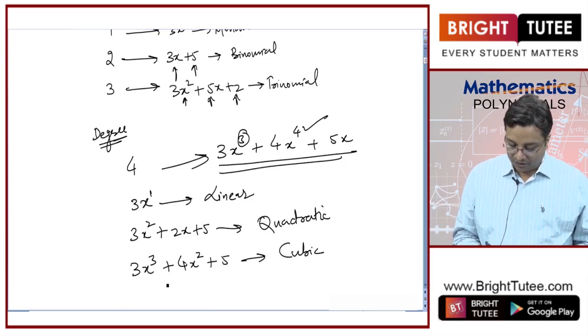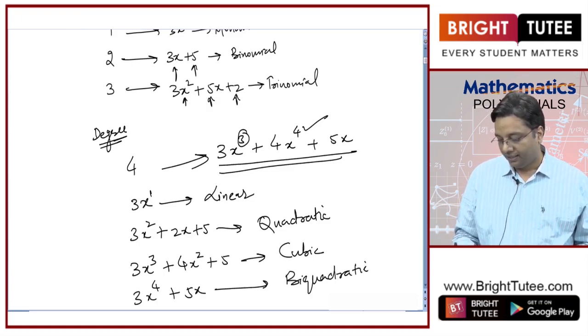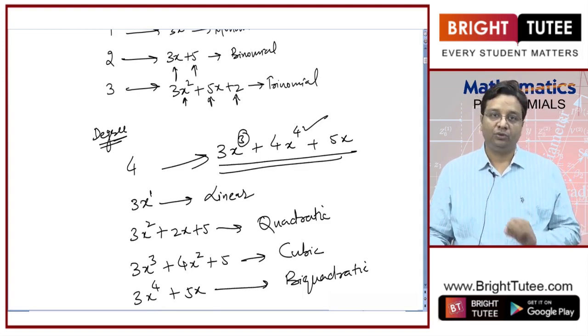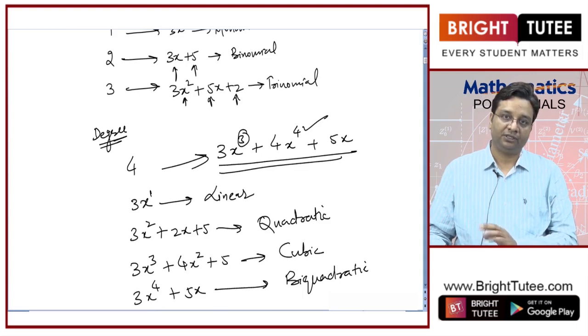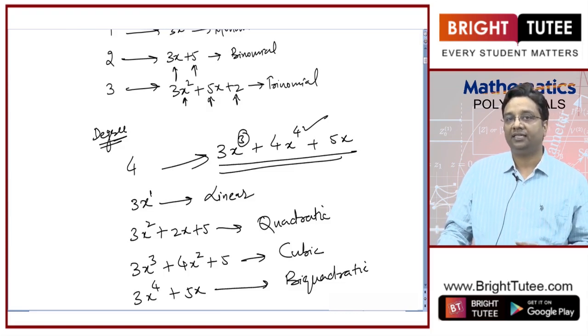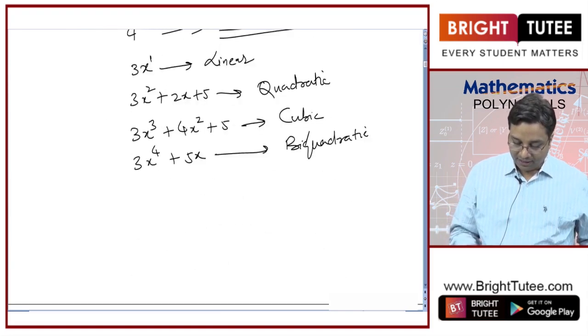And degree 4 is known as biquadratic, and so on, right? So we can categorize broadly in two ways: on the basis of number of terms, where is monomial, binomial, trinomial, and so on, and on the basis of degree, we can call it linear, quadratic, cubic, biquadratic, and so on.